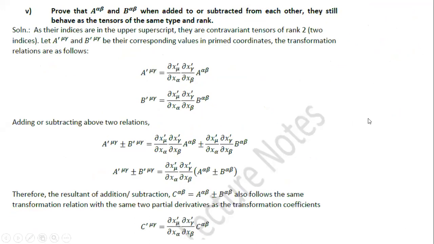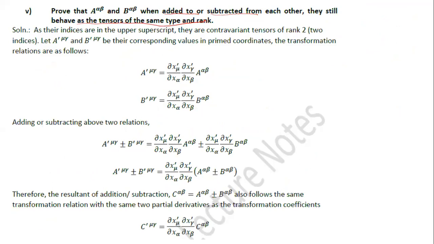As simple as that. This is again a very simple problem. Prove that A superscript alpha beta, superscript means alpha and beta are the contravariant indices. So this is a contravariant tensor of rank 2, and this is also a contravariant tensor of rank 2. When added to or subtracted from each other, they still behave as tensors of the same type.